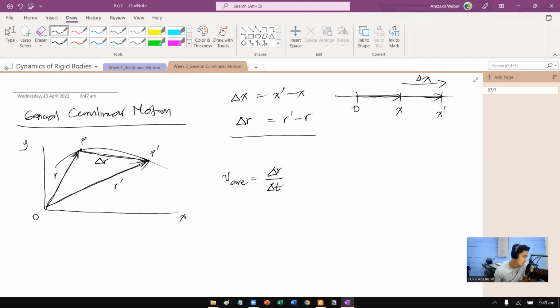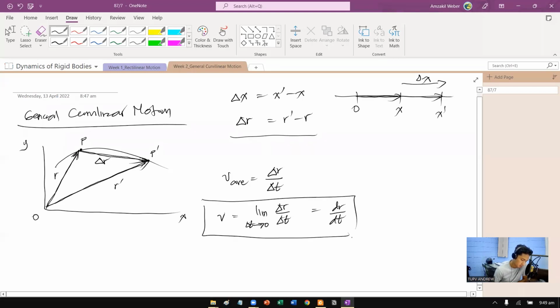But if we take the limit as Δt approaches zero, then our Δr also approaches a zero value. And the limit of Δr over Δt as Δt approaches zero is equal to dr/dt, and that is the instantaneous velocity.